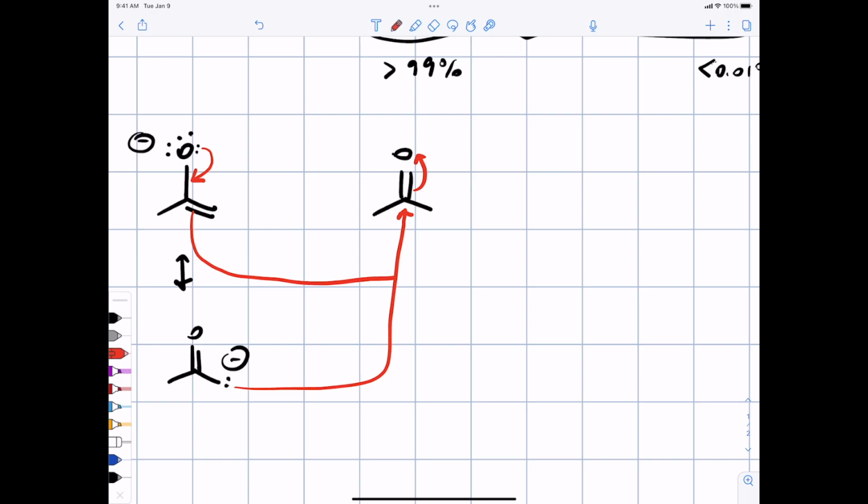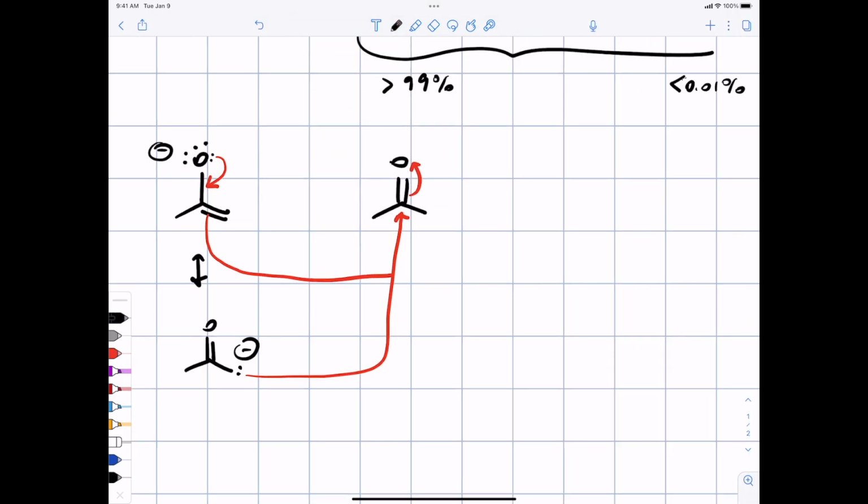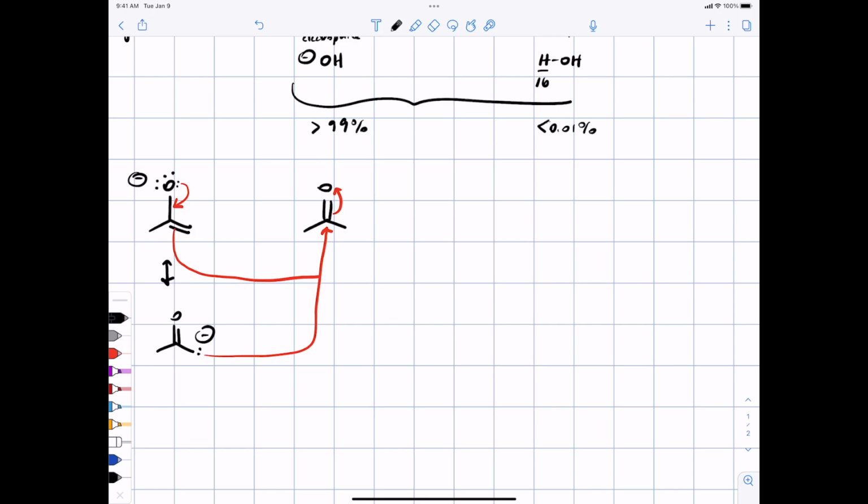Either is okay. They're just resonance structures of the same alternative. So you basically have, as we did in chapter 17, an enolate nucleophile. Now it's reacting with a ketone electrophile.